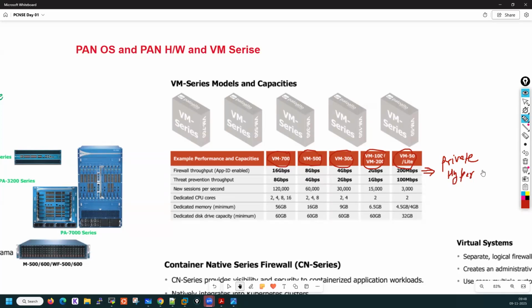Private hypervisors means the VM environment which is owned and controlled by your organization, like when you are running hypervisors like ESXi, or a KVM environment using Red Hat, or OpenStack.